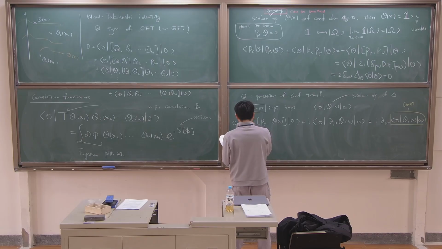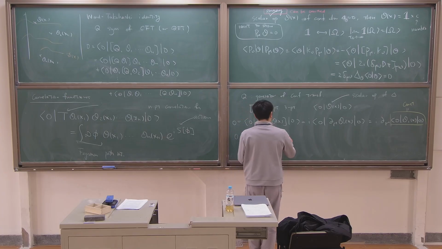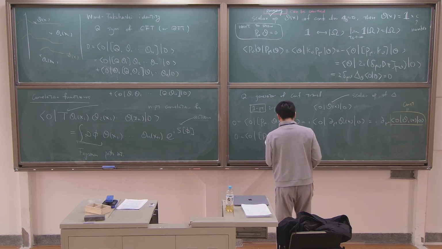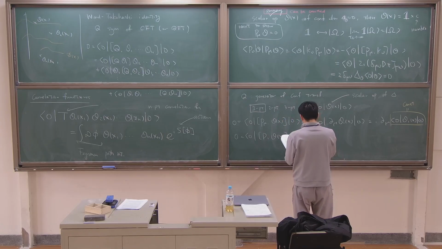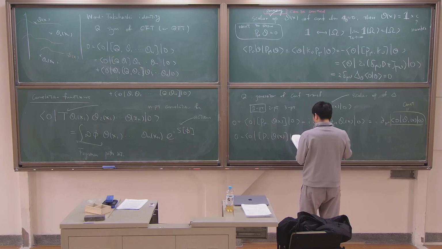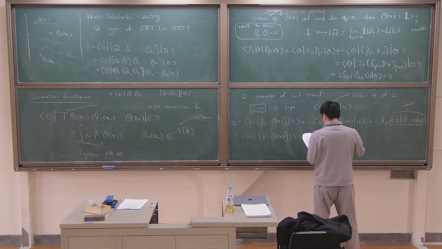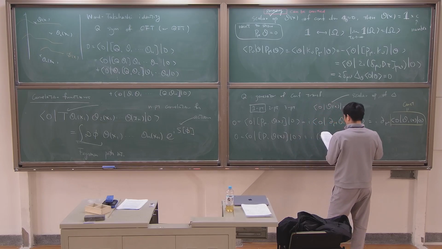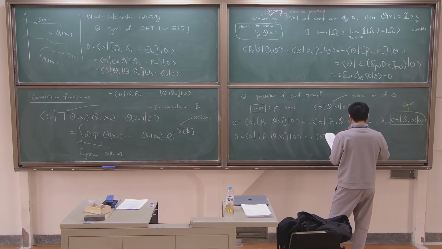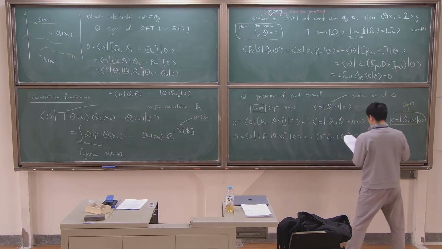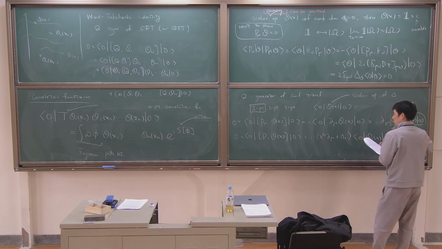And another thing: the dilatation D acting gives i times (x^mu partial_mu plus delta) on the correlation function of O(x).